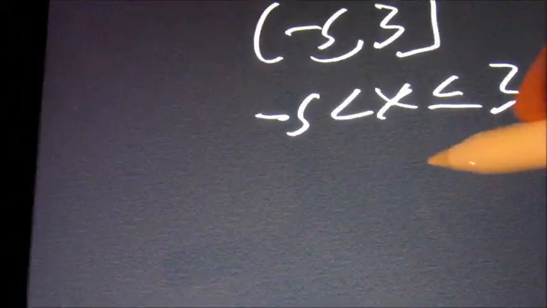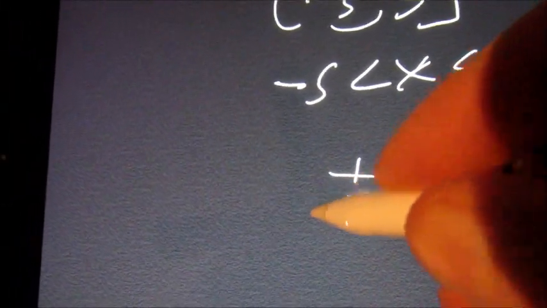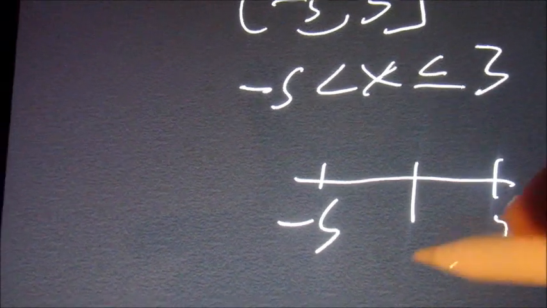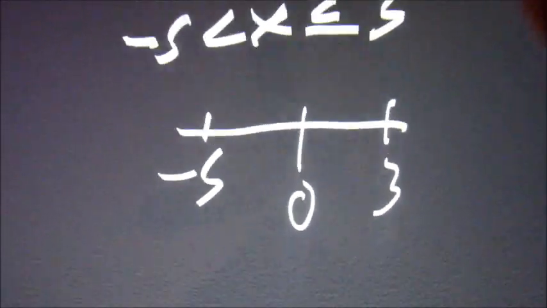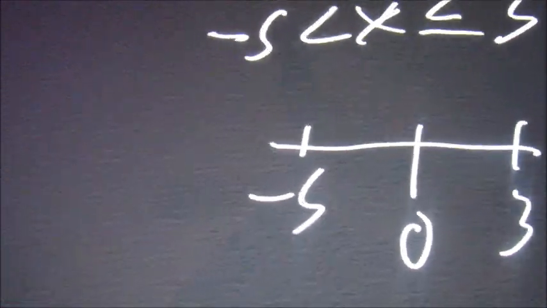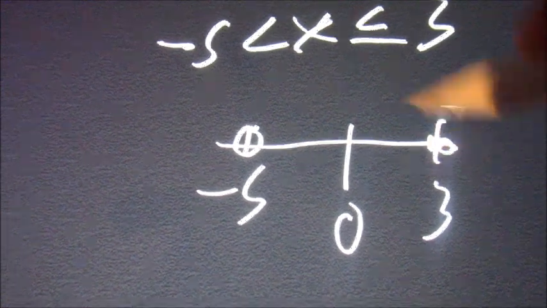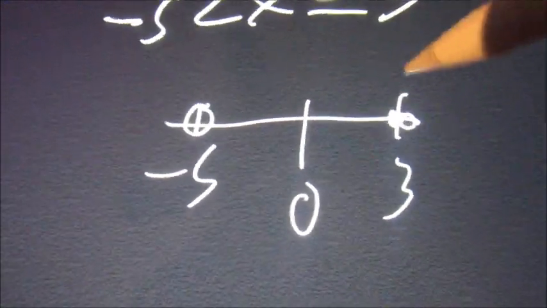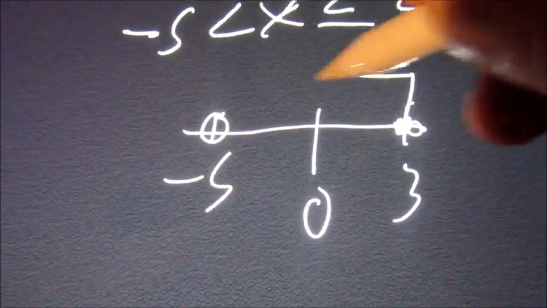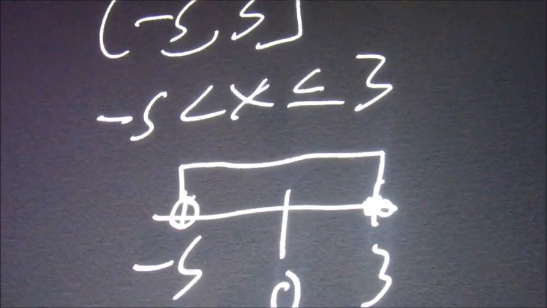And to graph it, we have a -5 here, a 3 here, and the 0. The -5, as we saw, doesn't include the -5, so it's a hollow dot. It does include the 3, so it's a solid dot with the 3, and then we draw the line through there.